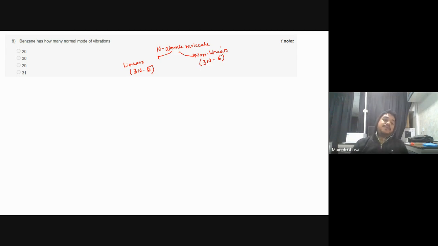Now you just need to find the atomicity of benzene. Two questions you need to answer. First, what is the atomicity of benzene, and second, what kind of molecule is benzene? Is it linear or non-linear?